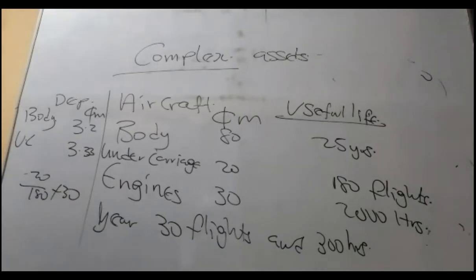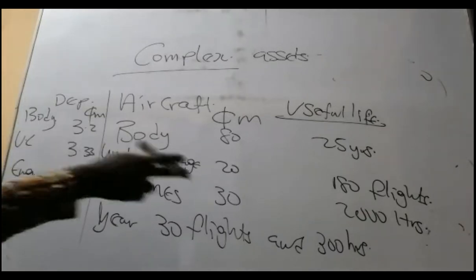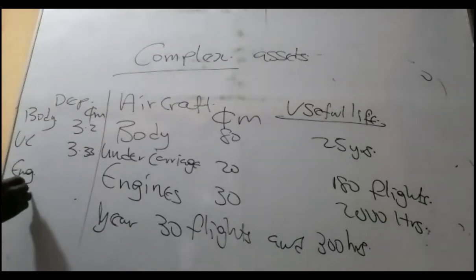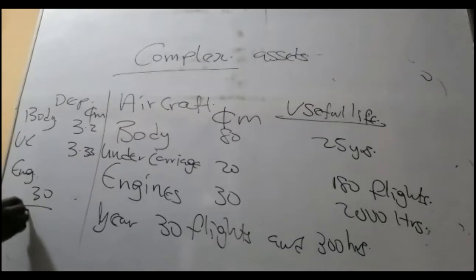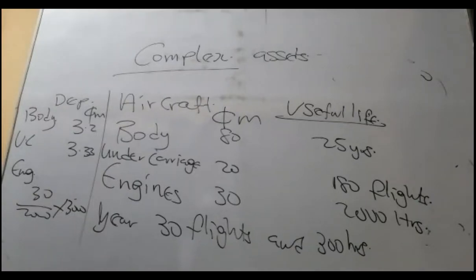Then you move on to that of the engines. The engines are 30 million and 2,000 hours, and they flew for 300 hours. So therefore it will be 30 divided by 2,000 times 300, and then you are done.